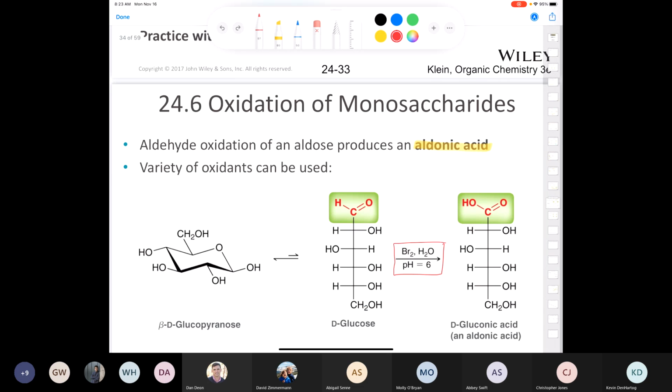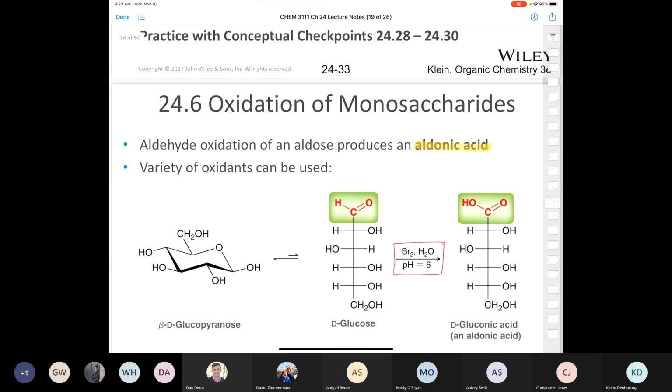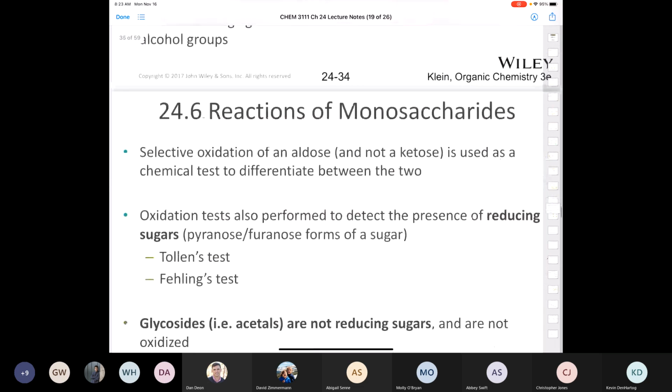So you buffer at a pH of 6, and you can selectively oxidize the aldehyde to a carboxylic acid. If it's glucose, you replace ose with onic acid, and we call it gluconic acid, an aldonic acid. That's another reaction you need to know.